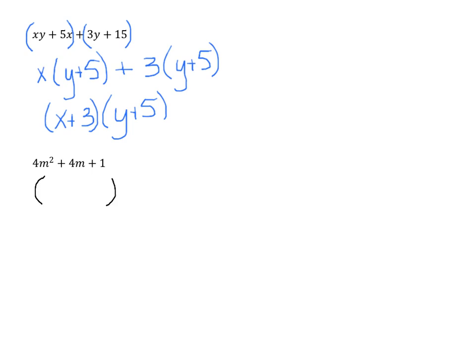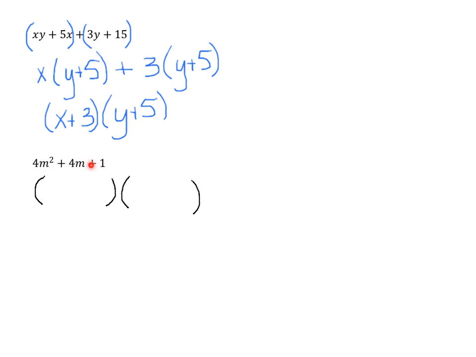I always set up my 2 sets of parentheses. And what I can see is a squared. So that's 2m squared. And then 2ab. So that's 2 times 2m times 1.